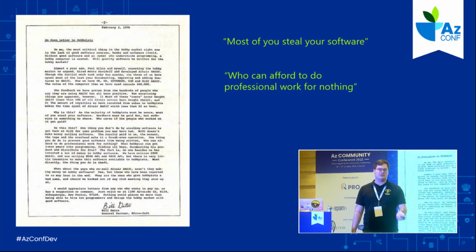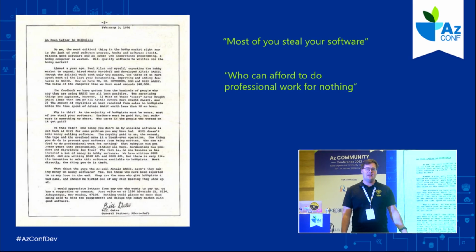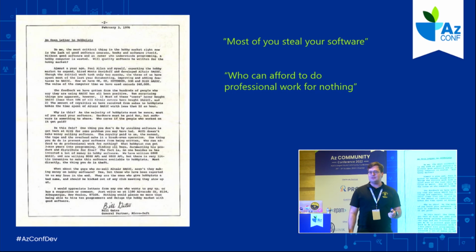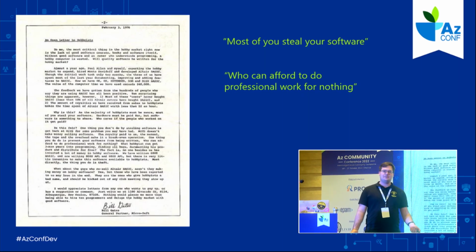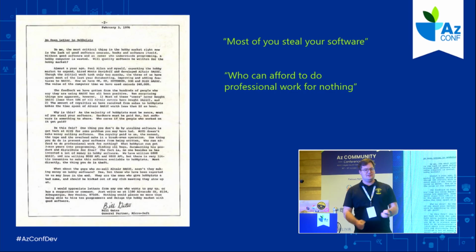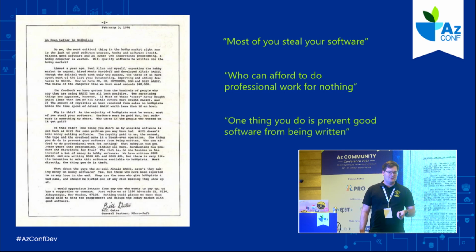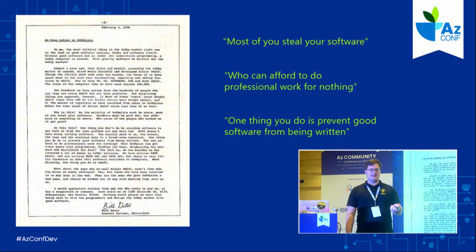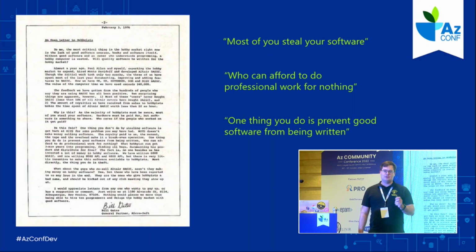Actually, I think this is one of the core values of open source, that because everybody contributes, you can have a professional quality product from people doing it in their spare time, so it doesn't cost any money. But well, Mr. Gates had other beliefs. He also said, which I think is also very wrong, that by copying that BASIC SDK, you would prevent more good software from being written.